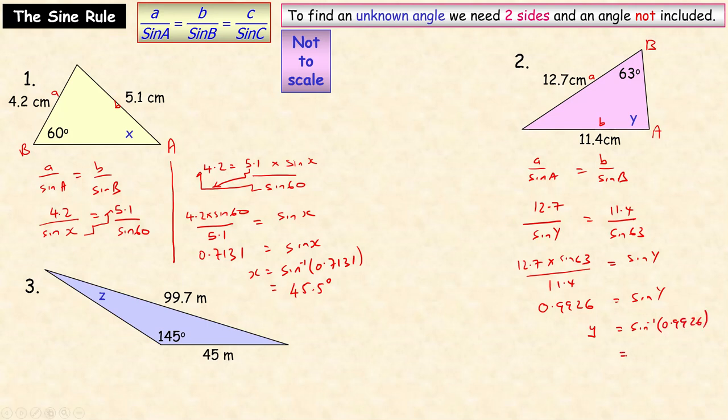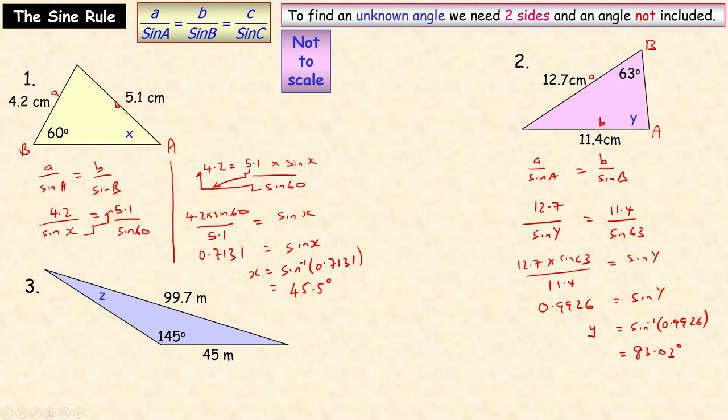In your calculator you can do shift sine of answer, and you should have 83.03 degrees to 2 decimal places. So we've got 83.03 degrees. Good.